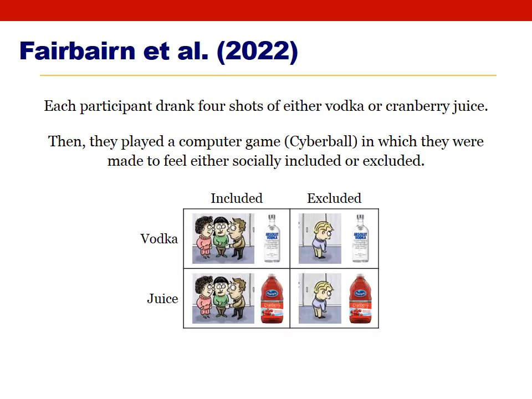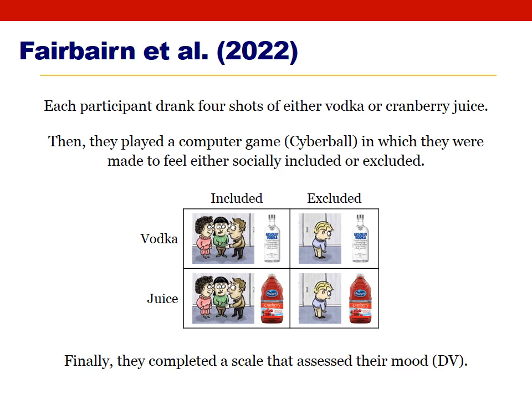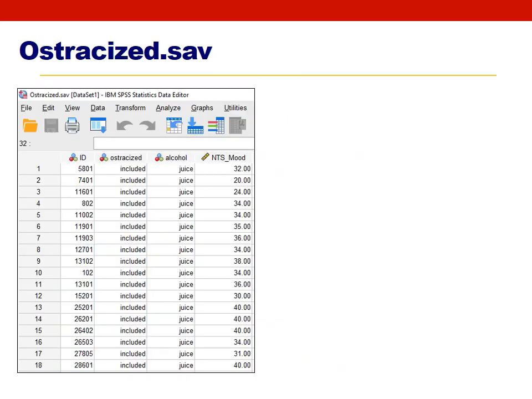So we again have a 2x2 factorial design. Each participant either drank vodka or drank juice, and then they played a game in which they were led to feel either socially included or socially excluded. Our dependent variable here, which they completed at the end of the study, was a measure of their mood. The data for this example are in the file ostracized.sav.